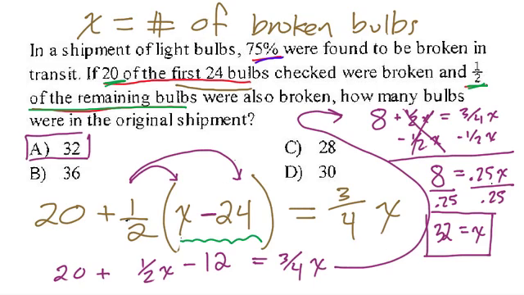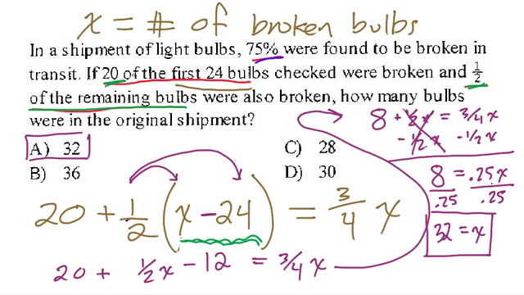Well, it's 32 minus 24, which is... excuse me, what am I saying? Oh boy, sorry. Let's go back. 32 minus 24 is 8. So there are 8 remaining bulbs, and half of that is 4.